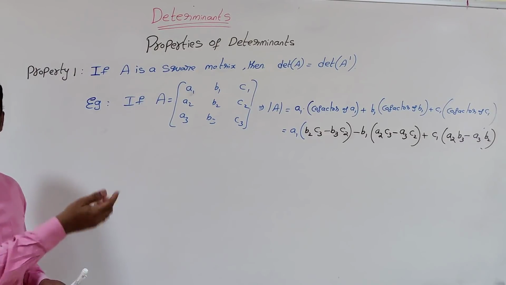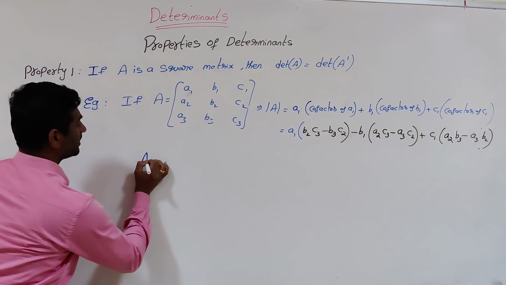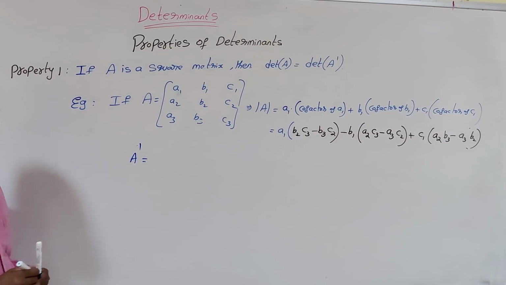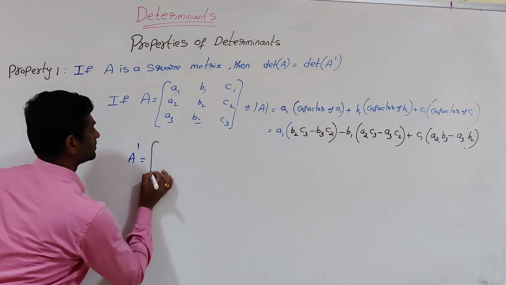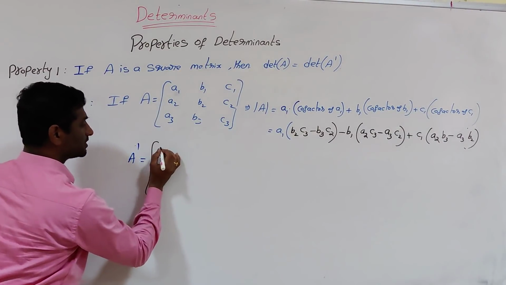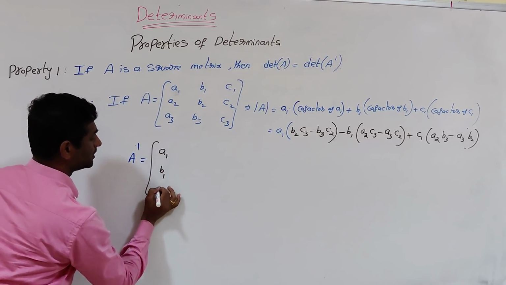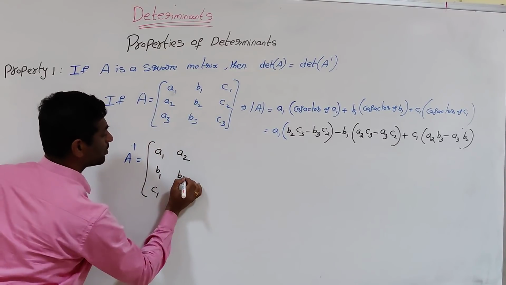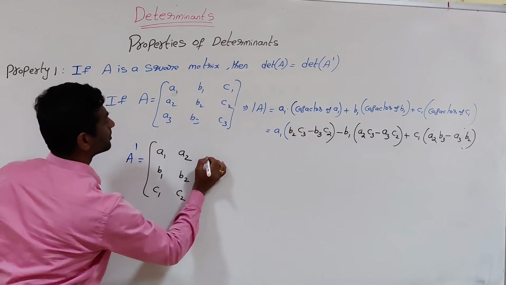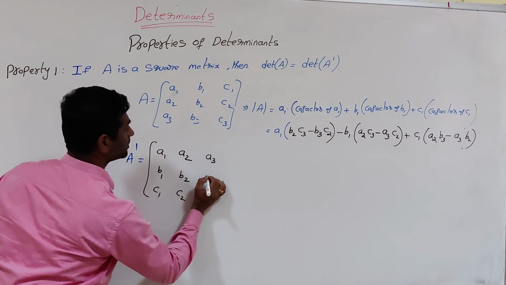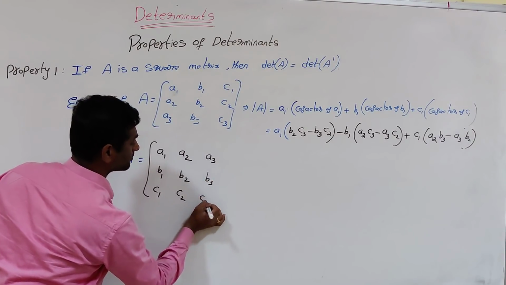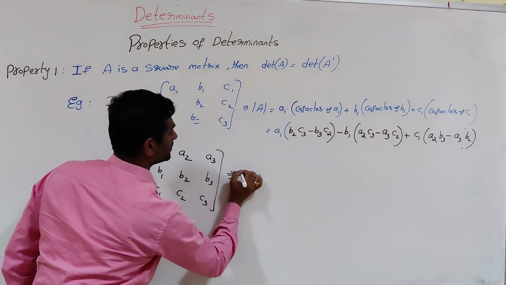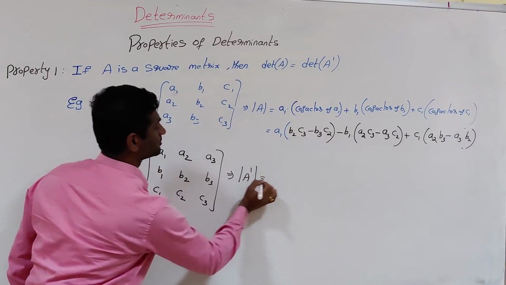Next, if I transpose A, A dash, what will be A dash? The first row becomes the first column, A1, B1, C1. Second row becomes the second column, A2, B2, C2. Third row is interchanged to the third column, A3, B3, C3. And what is the determinant of A dash?